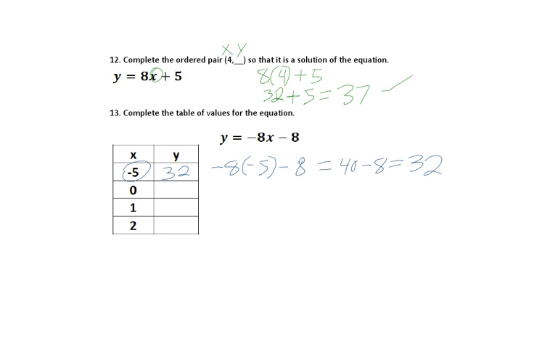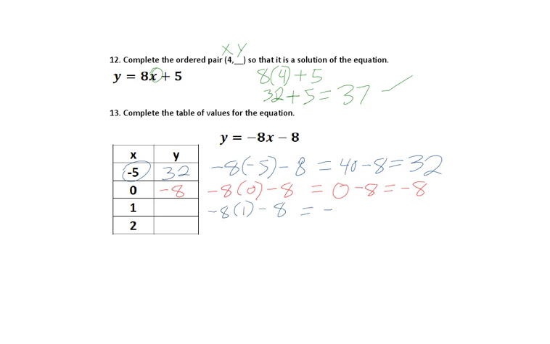Okay, let's replace x with 0. Negative 8 times 0 minus 8. Well, negative 8 times 0 is 0, but 0 minus 8, back to negative 8. Your second answer. Now replace x with 1. So negative 8 times 1 minus 8.